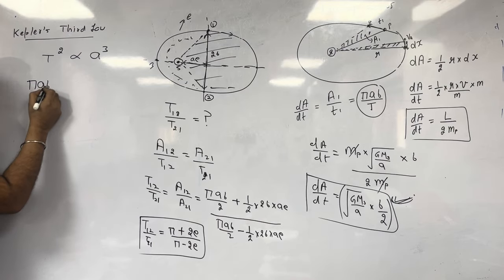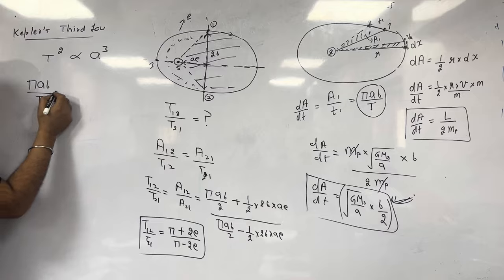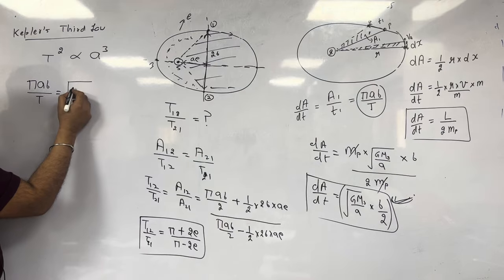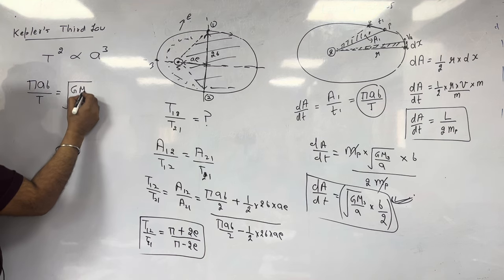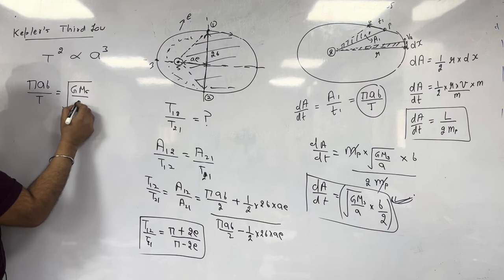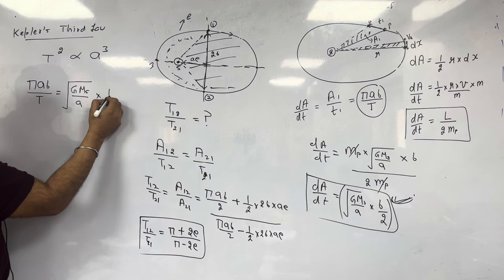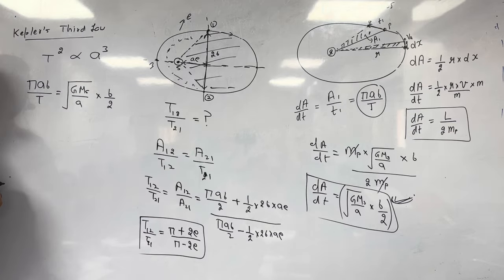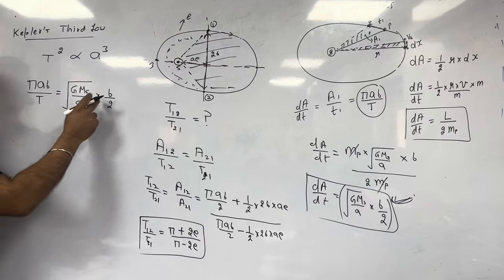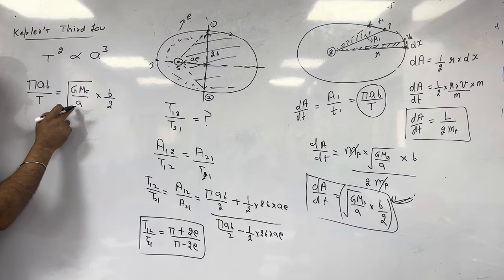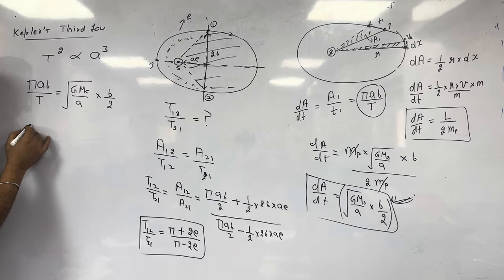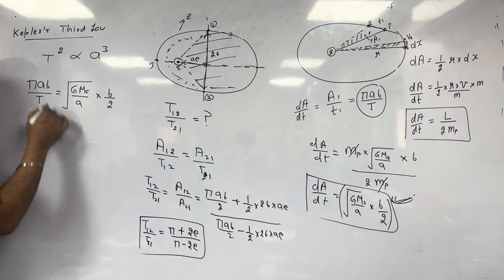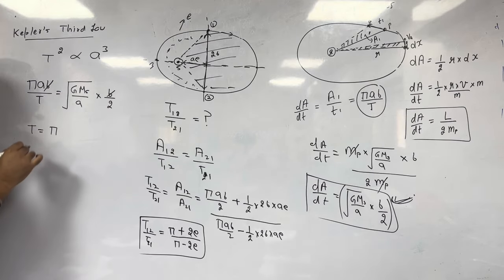Pi ab divided by T is equal to under root of G M multiplied by b, right? Yes or no, beta? Now what are you getting here? T is equal to pi, now b cancels, beta, b cancels.